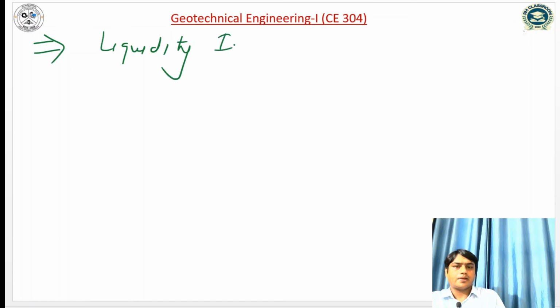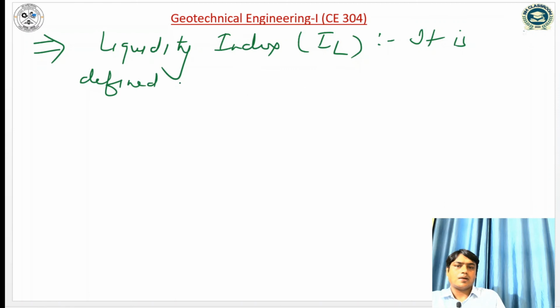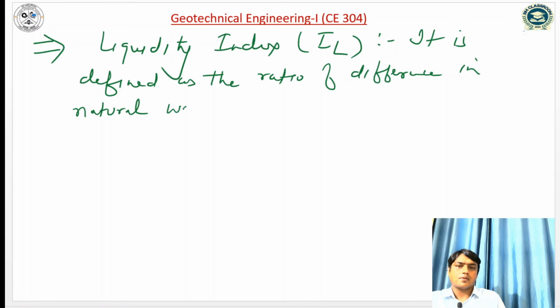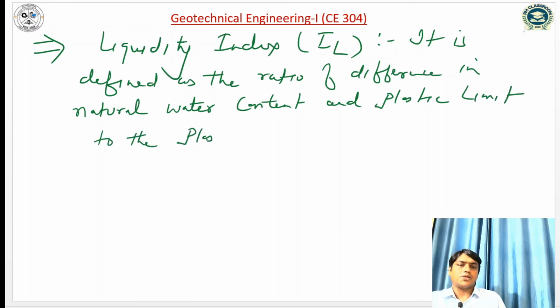Liquidity index, denoted by IL, is defined as the ratio of the difference in natural water content and plastic limit to the plasticity index.